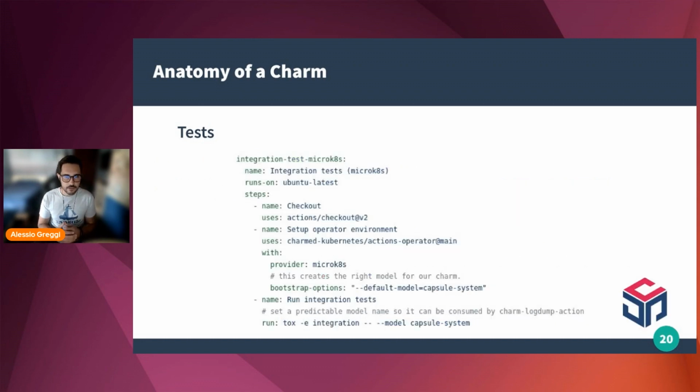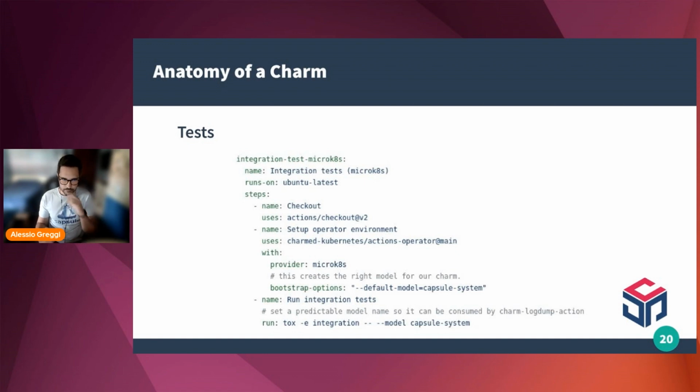So in the end, we can see the GitHub action that we used and that we developed in order to make the test run. So we have 3 steps. The first step is used to download the Charm source code. The second step is to set up the environment.